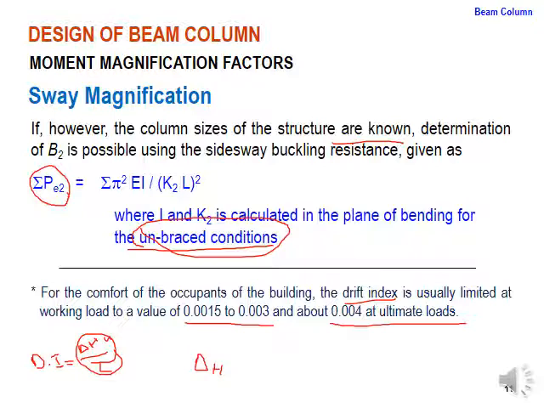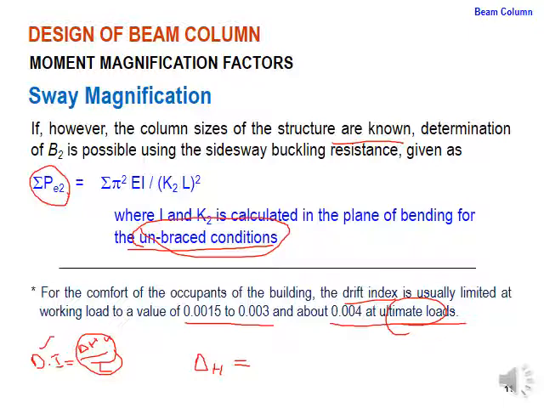The delta H can be calculated by first deciding a value of drift index. Once it is decided, we take the drift index as 0.004, since it is service load design we are doing, at ultimate loads.